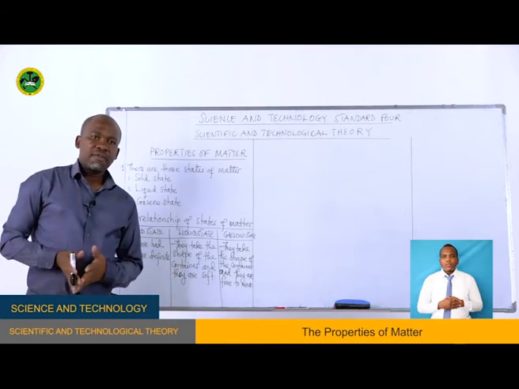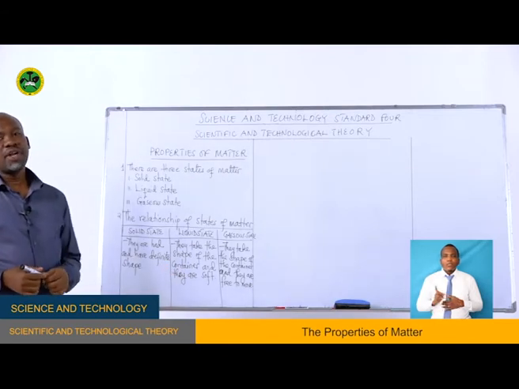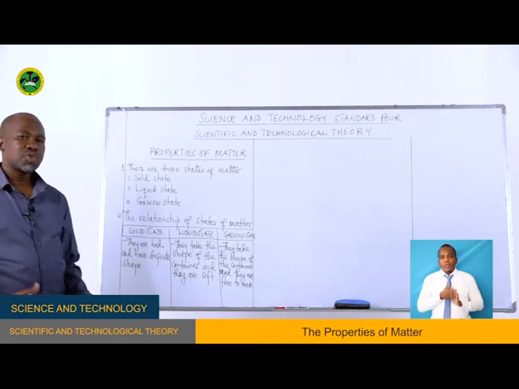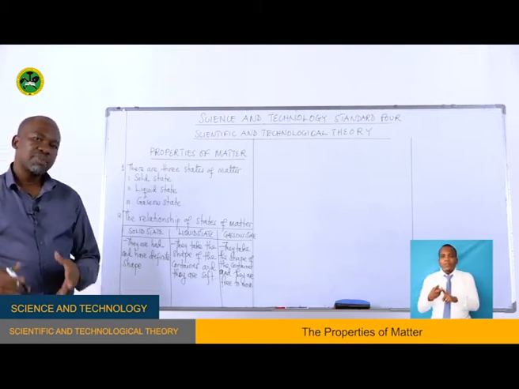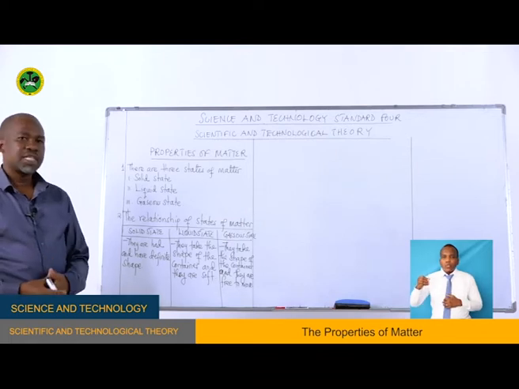That is the first relationship. The second relationship is about the particles that make the states, one after another. Solid state, the particles are very close and tight to each other.